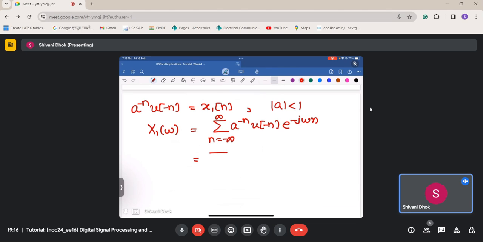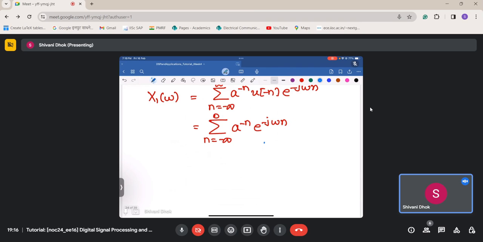So now we'll have summation n running from minus infinity to 0 a power minus n into e power minus j omega n. Now what we will do is replace n as minus m. So if n is ranging from minus infinity to 0, this m will range from 0 to infinity.